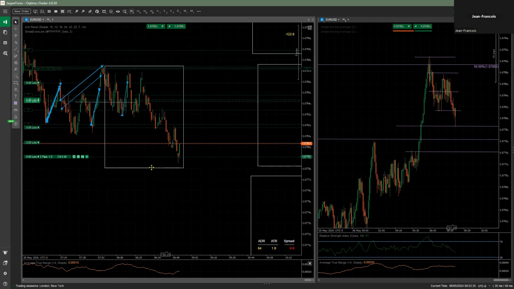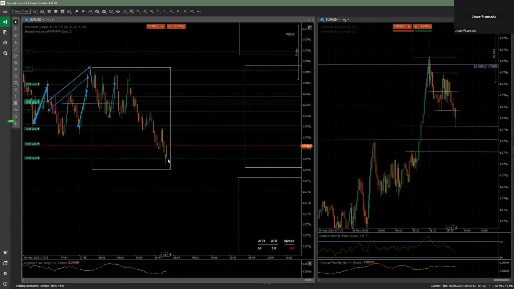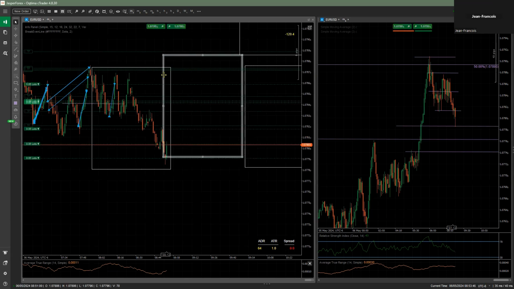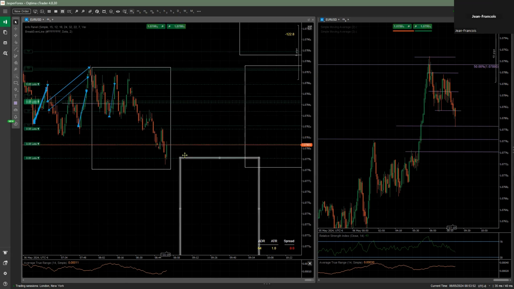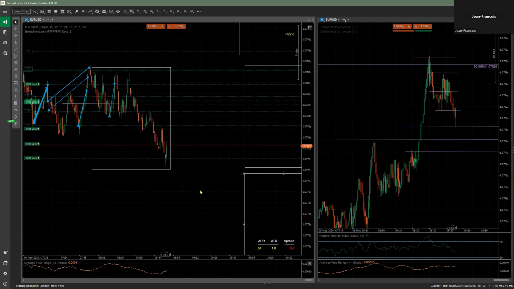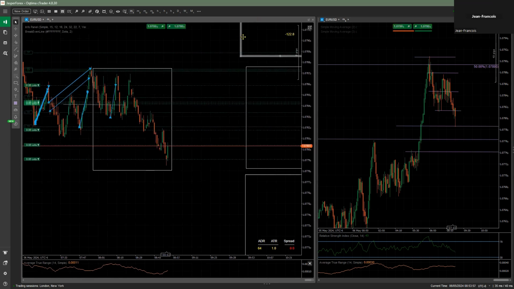It's just a measuring cup. It tells us this is a normal move. The result of a normal move is usually a normal outcome. Something like this, maybe up to here. It's a lot of maybes. We trade maybes.